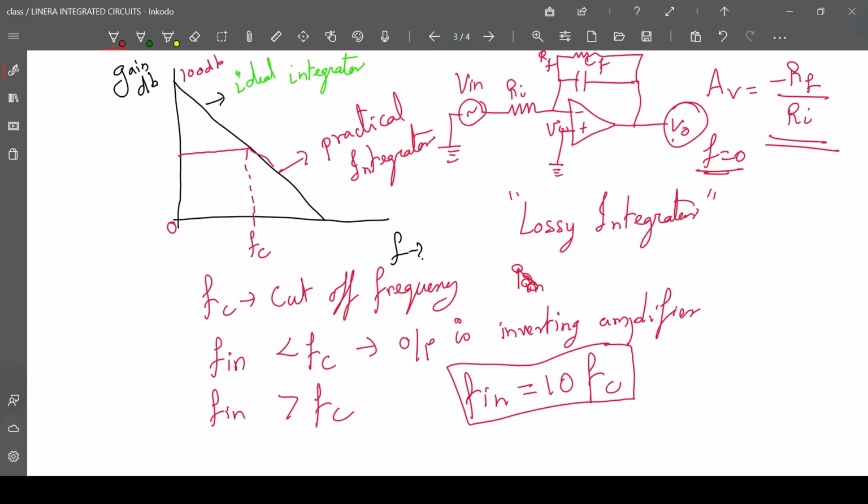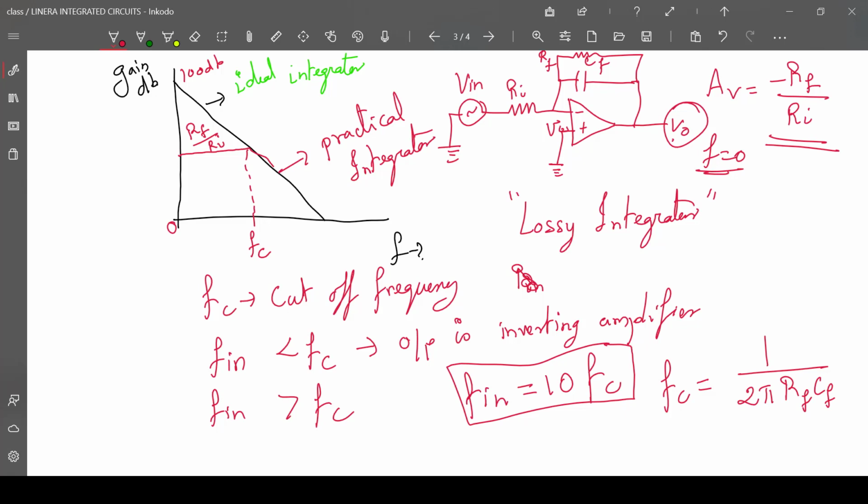This cutoff frequency or corner frequency will be represented as Fc is equal to 1 by 2 pi RF CF. It represents the feedback resistance and capacitance. This is due to the RF by RI value. So this is due to the RF and CF, that is nothing but the feedback resistance and feedback capacitance.